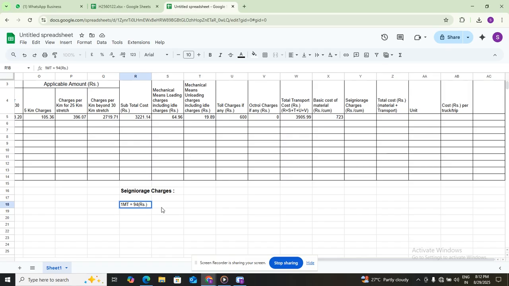We are paying sewerage charges of 94 rupees per ton. How do we convert everything into meter cube? That's why we need to convert into meter cube. We need to consider it as a table.